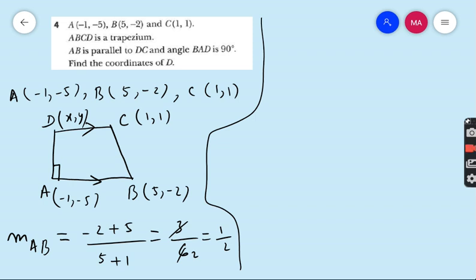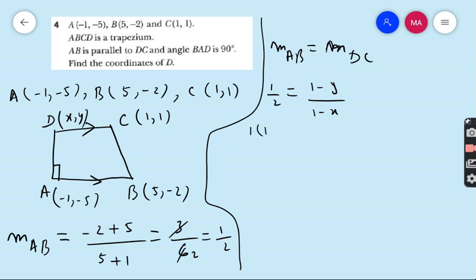Because line AB and line DC are parallel, therefore MAB is equal to MCD, or DC, you can say, no problem. MAB we have already found, 1 upon 2. MDC we have to find: (1 minus y) upon (1 minus x). Make an equation by cross multiplying.